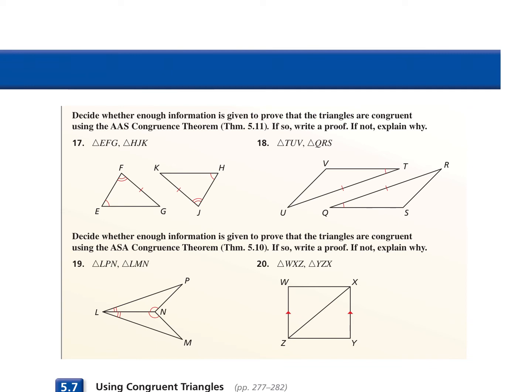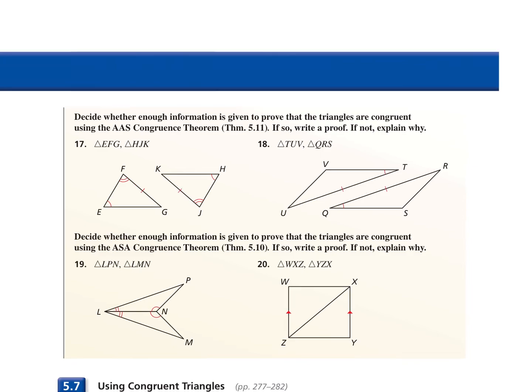So for number 17, notice I've got an angle that's marked, which matches H, and then F matches J, and then FG matches JK. So this one is enough, just with what was labeled in the picture, to use angle angle side. We didn't even have to come up with anything on our own.